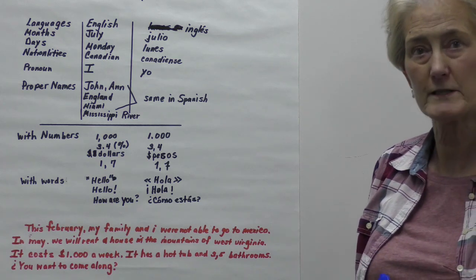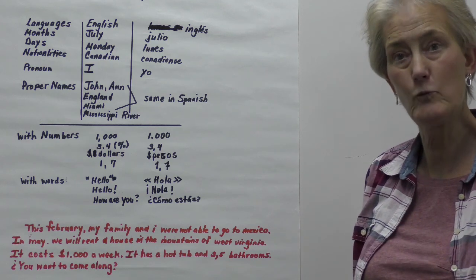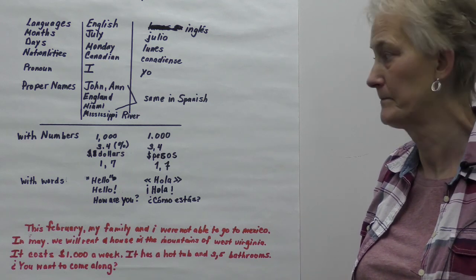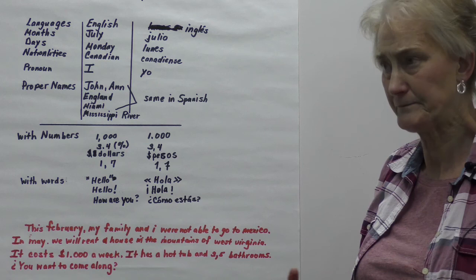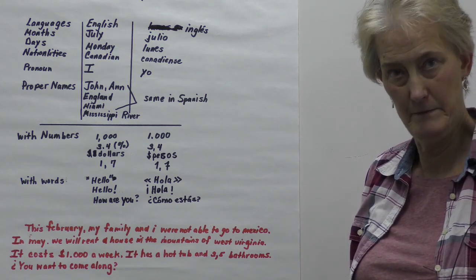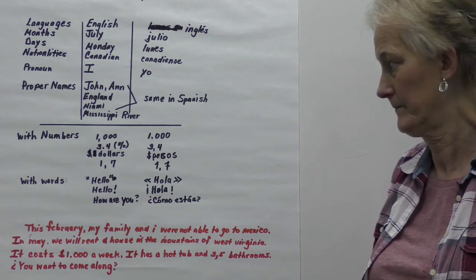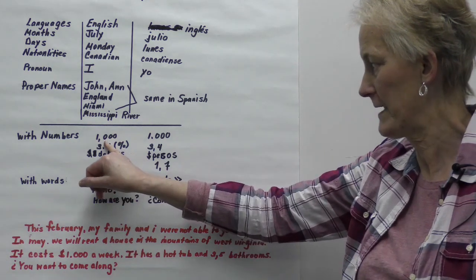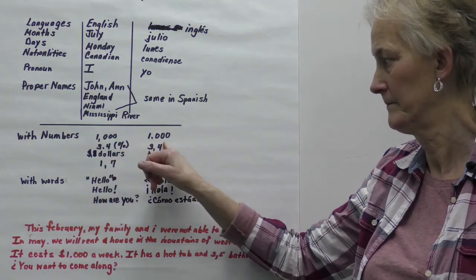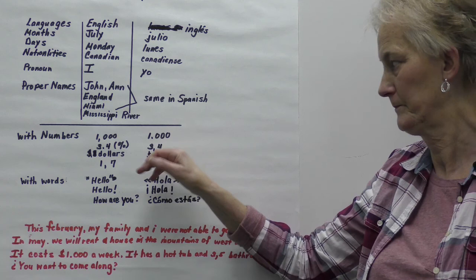And that only works with numbers. When you're talking about the written word or sentences, then commas and periods are the same in both languages. This would be 1,000 for the English speakers. This is 1.000 for those Hispanic people.